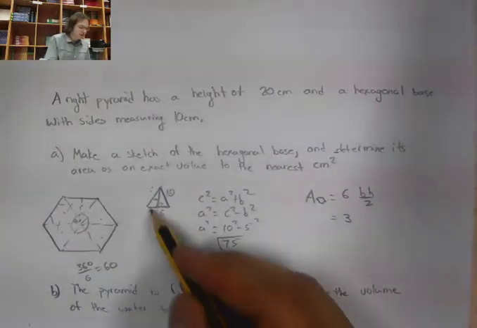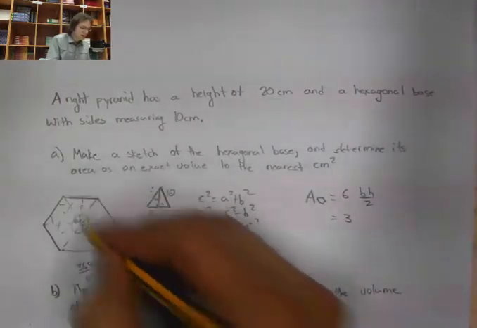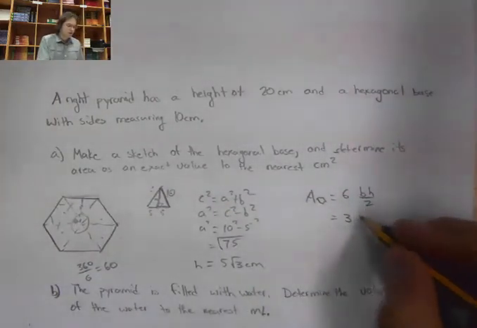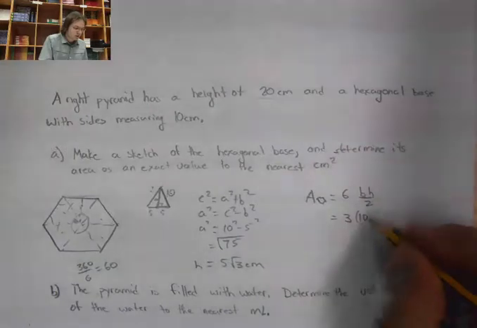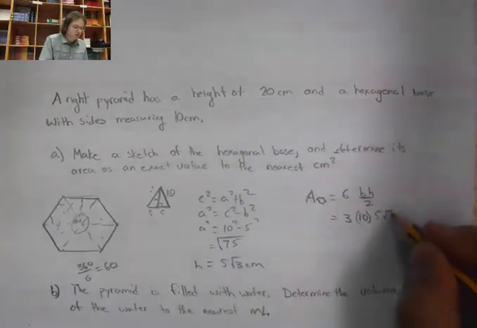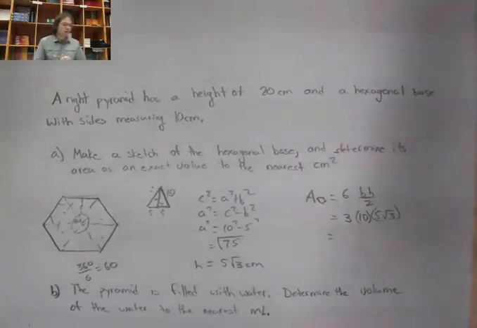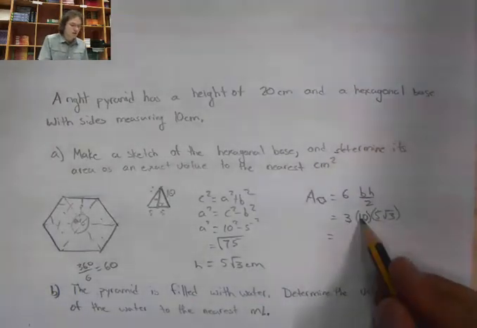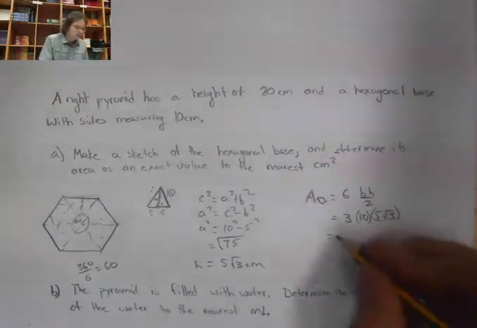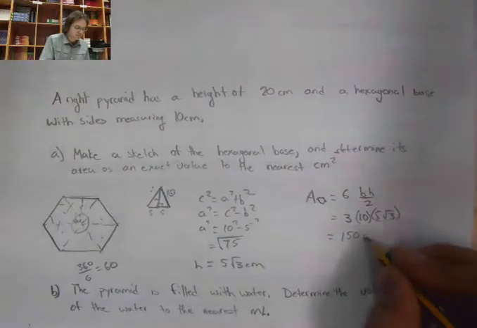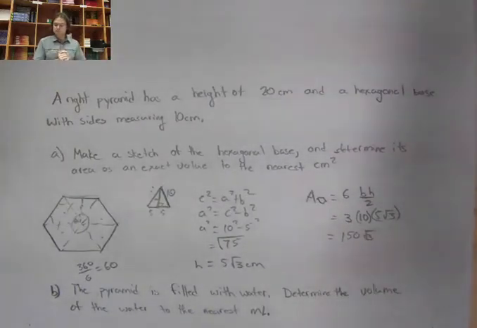Well, my base is going to be 10, and my height is 5 root 3. So that's going to be 10 multiplied by 5 root 3, which will end up giving me 150 root 3. Okay? So that's going to give me 150 root 3.